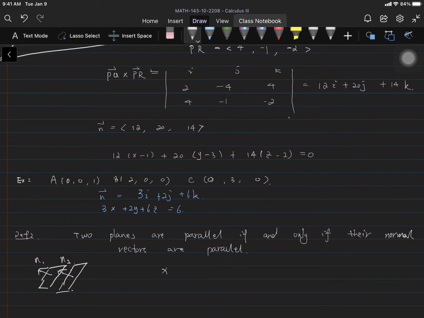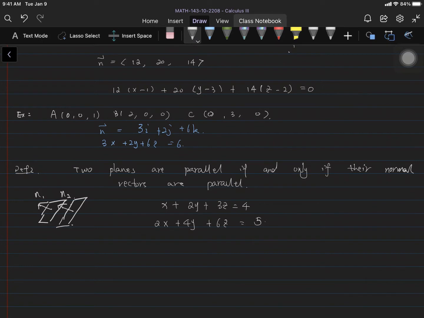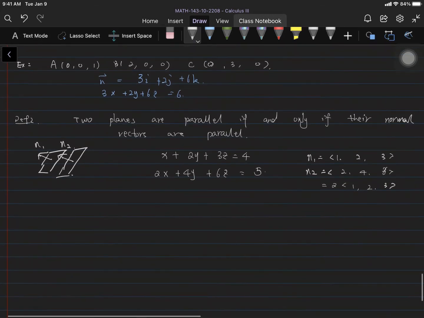For example, here I give you x + 2y + 3z = 4. This is one plane. If we have another plane, for example 2x + 4y + 6z = 5, what's the normal vector for the first plane? n1 is (1, 2, 3), and n2 is (2, 4, 6), which is double n1. So we know n1 is parallel to n2, and that means those two planes are parallel.